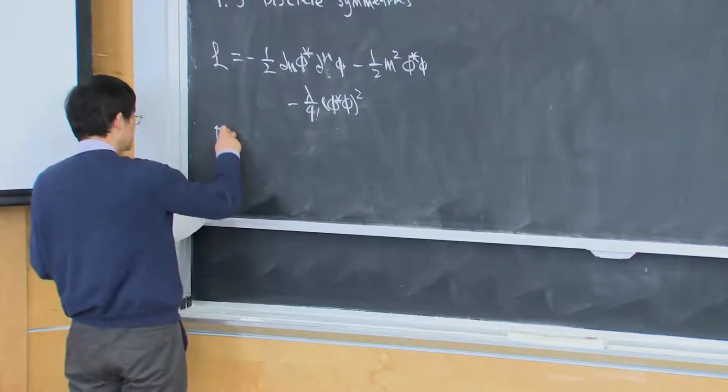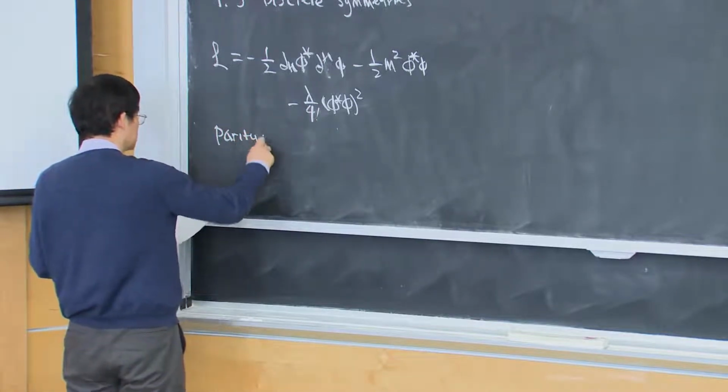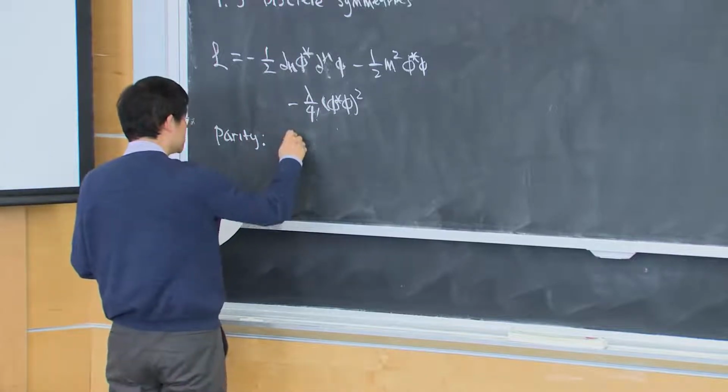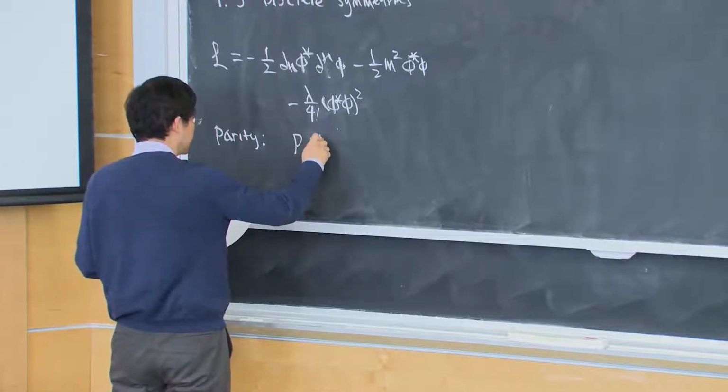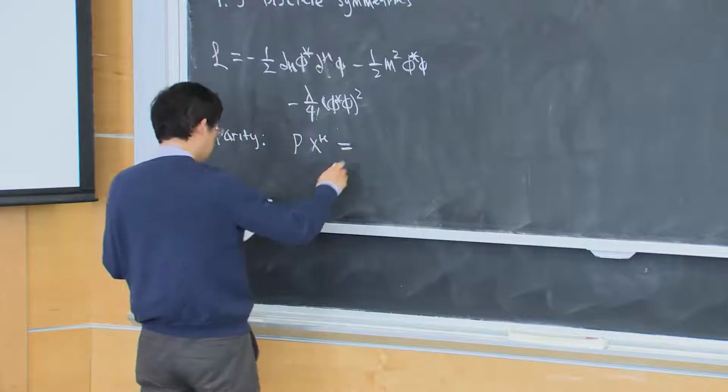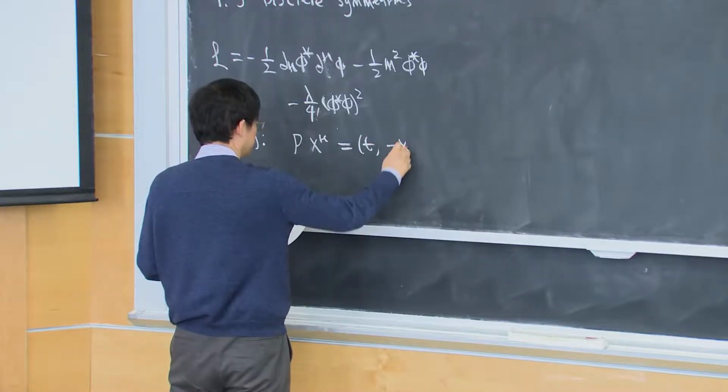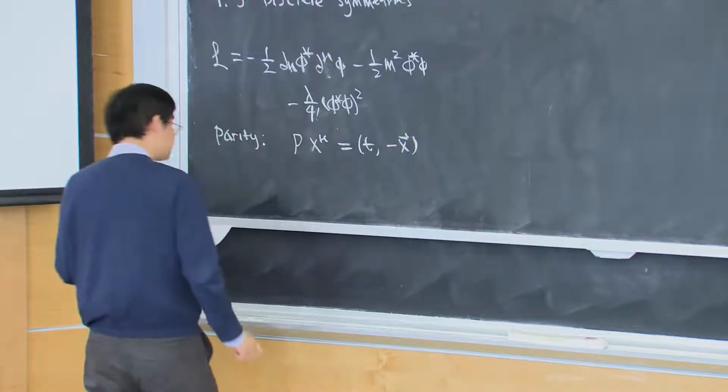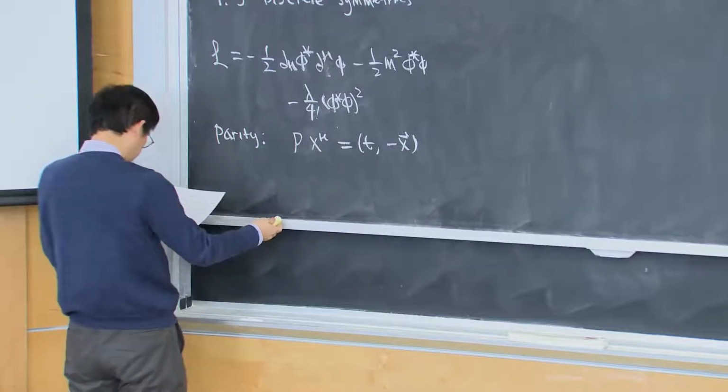First is parity. We normally denote it with a symbol P and it acts on x^mu by taking x to minus x. So you just flip all the spatial directions.